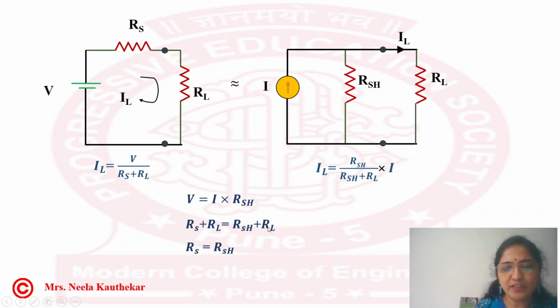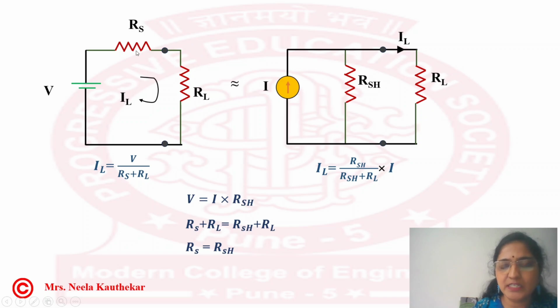In this equation, RL is present on both sides, so you can cancel RL and say that RS is equal to RSH. So whatever transformation you do, the series resistance RS value will be the value of RSH, or you can say the series resistance value can be replaced by RSH.